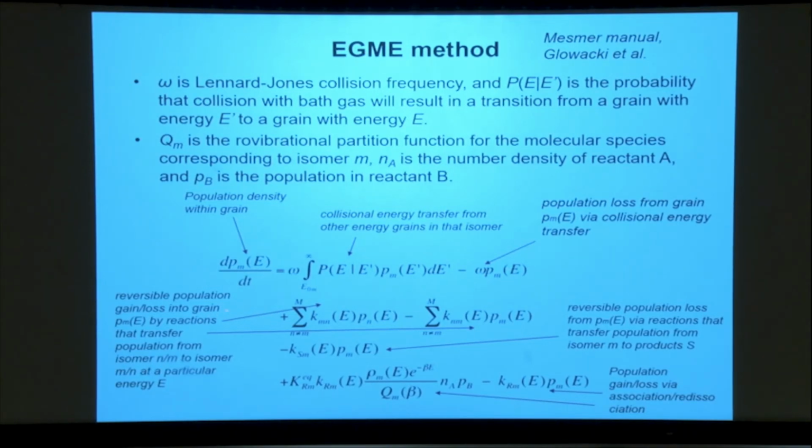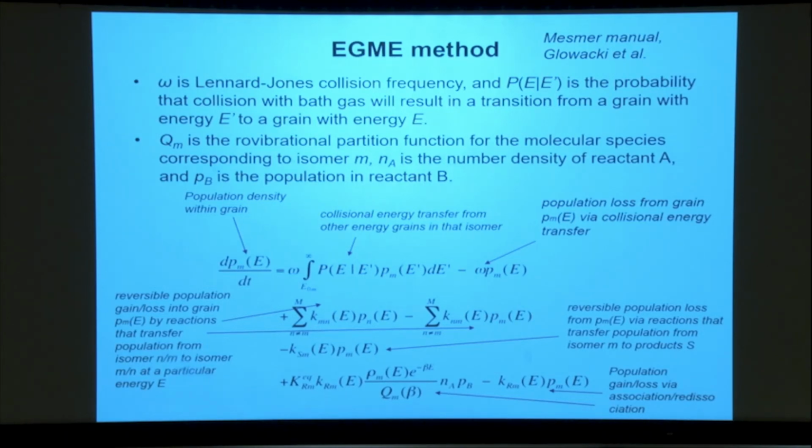And then we've got a reversible population loss or gain through reactions that transfer population from one isomer to another isomer. So this is expressed as a function of the probability within the energy grain multiplied by, so this is kind of like a concentration really, multiplied by the microcanonical rate constant.